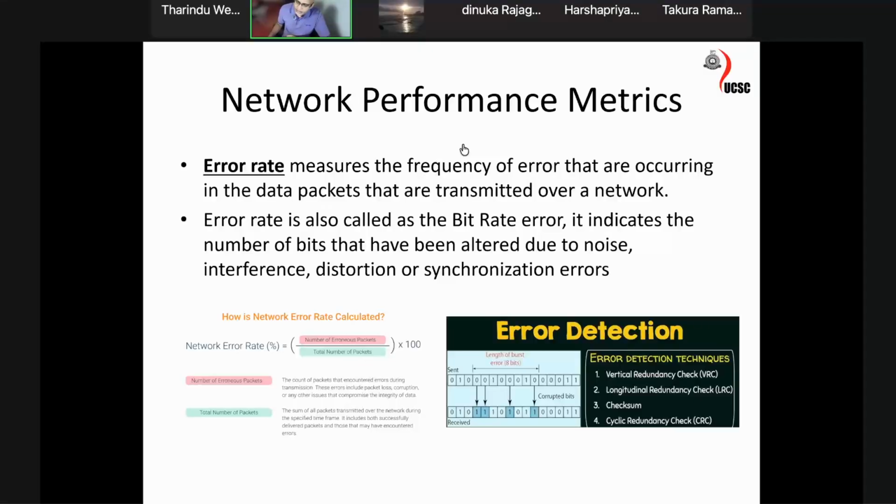And maybe since you are cybersecurity experts, we can use checksum as well. There are other error detection techniques like vertical redundancy check and longitudinal redundancy check as well.